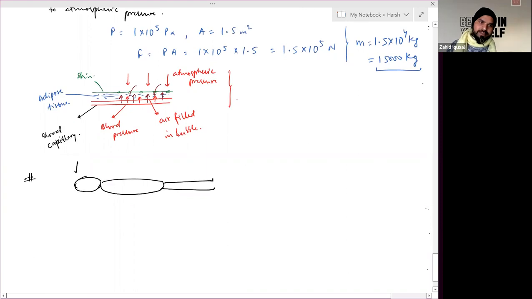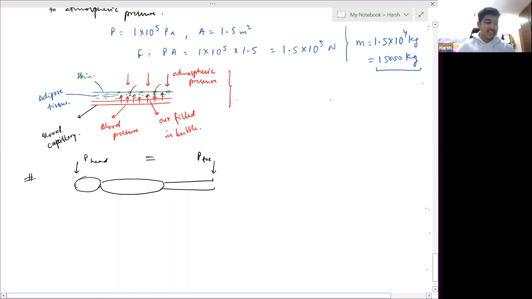If you have to calculate the pressure on its head and the pressure on its toe, will these two pressures be equal? Yes, because he's lying down. These two points are at the same horizontal level, so the pressure at head and pressure at toe will be equal to each other.